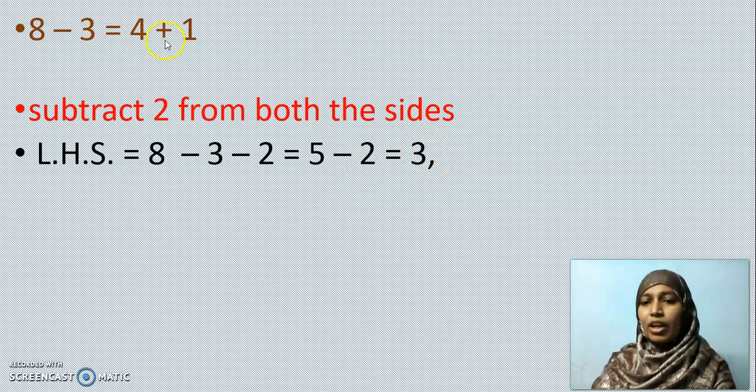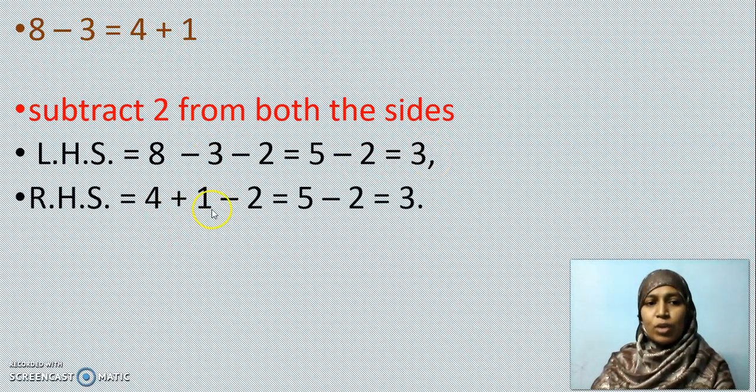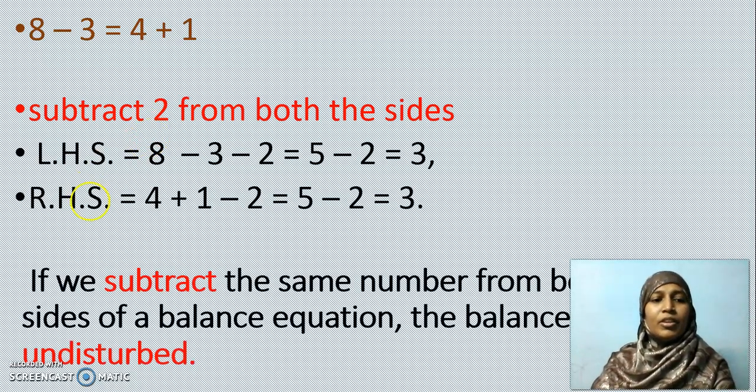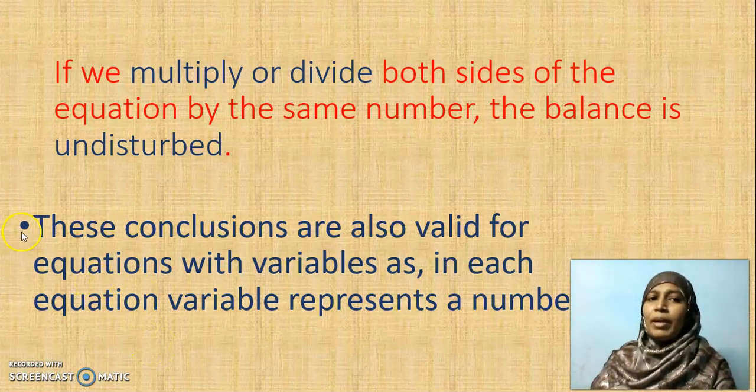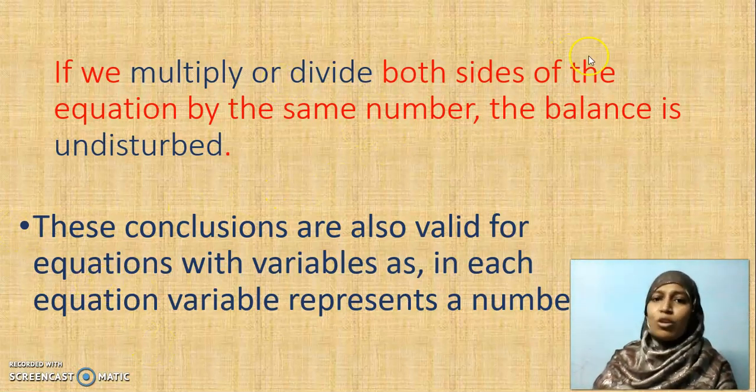What will happen in the right hand side? 4 plus 1 is 5 and subtracting 2, so again I get 3. Even if I subtract, the equation is undisturbed. If we subtract the same number from both sides of a balanced equation, the balance is undisturbed. Is it clear, my dear children? What will happen if we multiply or divide both sides of the equation by the same number?